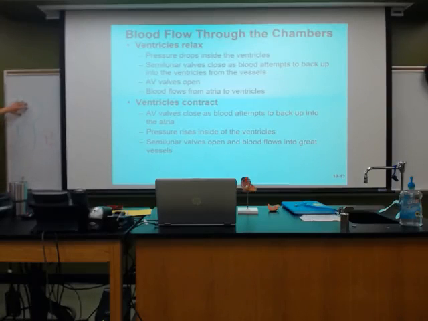If blood is up here in the atrium, and that pressure relaxes in the ventricles, what do you think that is going to be able to do for the blood in the atria when that ventricle relaxes? That blood is going to be able to flow easily into the ventricle. Does that make sense?